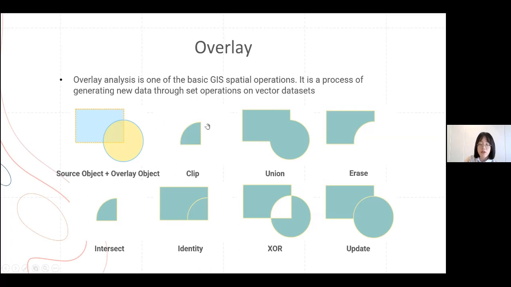While if we use clip, we can only extract the shape where the two features intersect, but we cannot update the attribute table of our result. And then for union, it would combine our features together as long as there is an intersection between them. And erase, on the contrary, will only keep the part of the features that are not intersected with the overlay data set or overlay features.